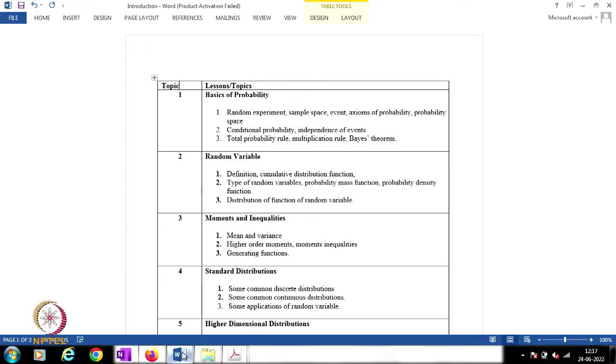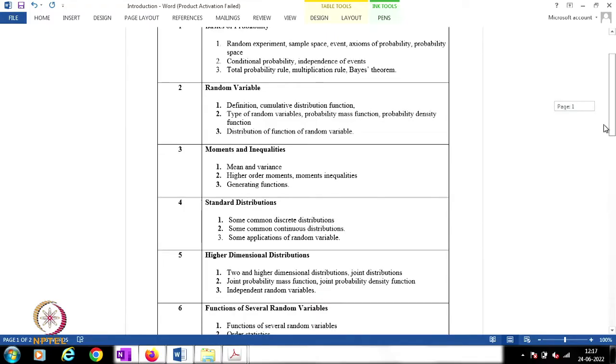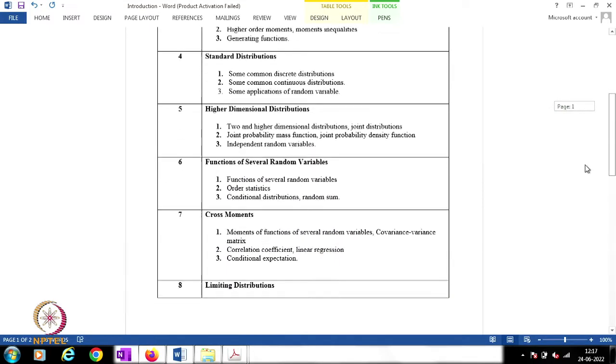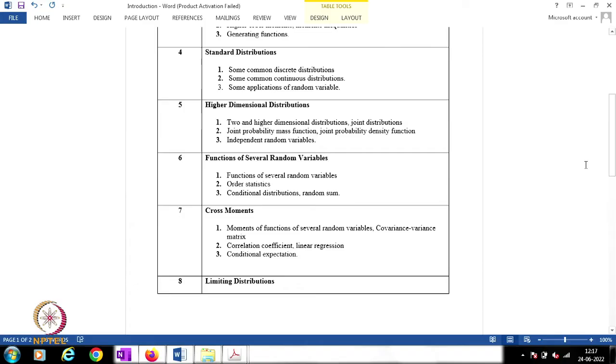In the third topic we introduce moments and inequalities. In the fourth topic we introduce all the standard distributions, for example binomial, Poisson, normal and exponential distributions.